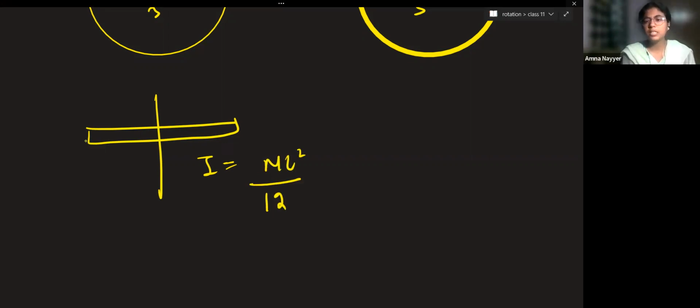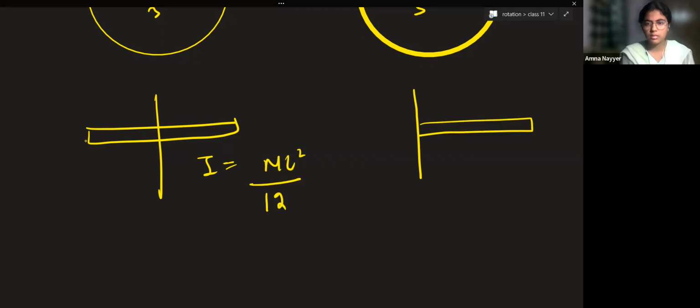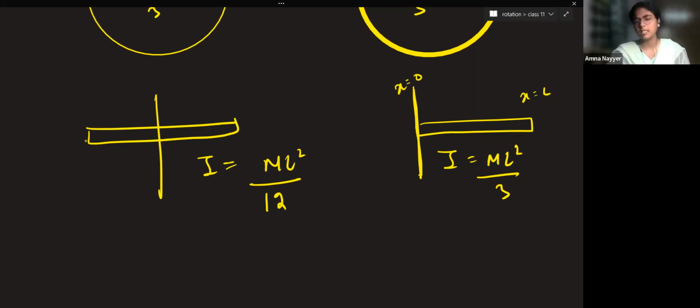Suppose the rotating axis was here at the edge, like this is the fixed axis of rotation, and rotation is occurring this way. Here moment of inertia is ML square by 3. You can do the derivation by yourself. Limits will become x equal to 0 to x equal to L. This will be the difference that will arise.